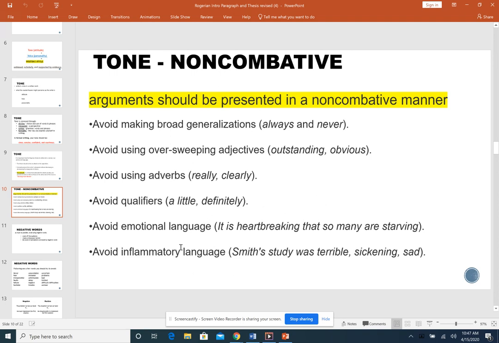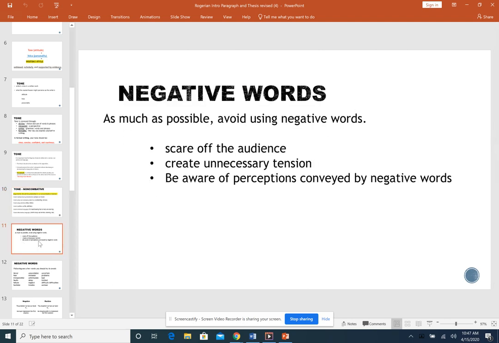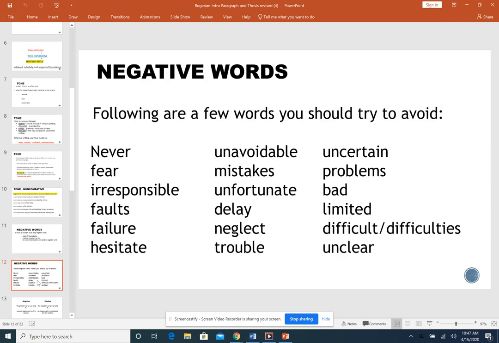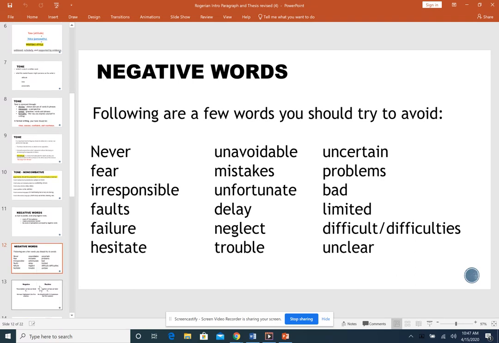And then some other types of language. We want to be very careful not to use inflammatory language where it appears that we are attacking the other person. Try to avoid negative words. Beware of the perceptions that can be conveyed by negative words, and I've provided you a list of some negative words that you might want to avoid in your writing.